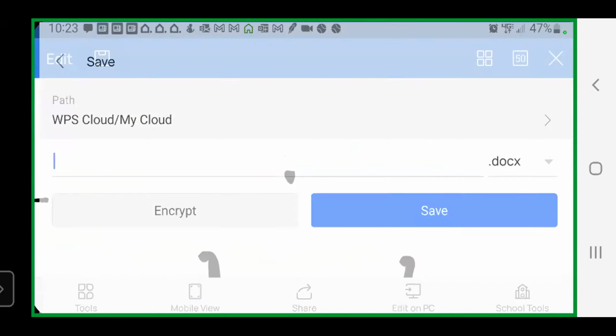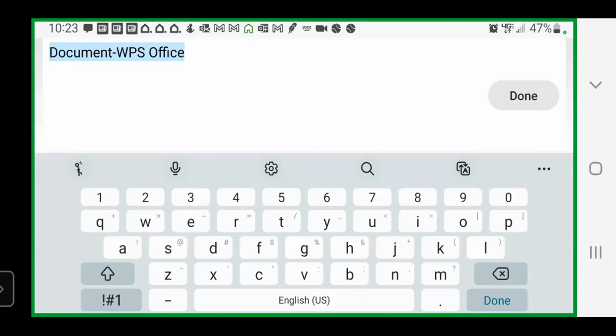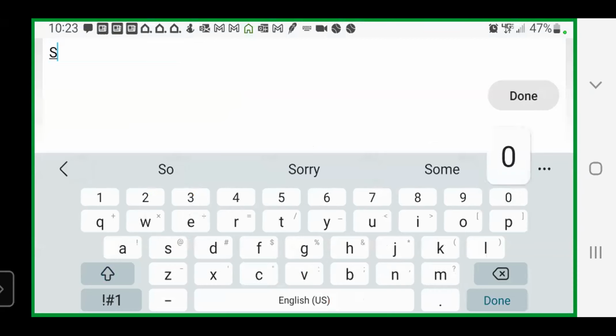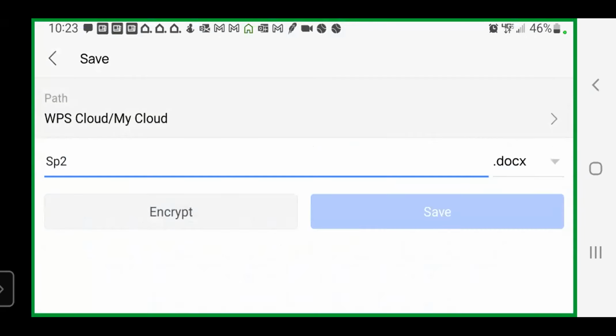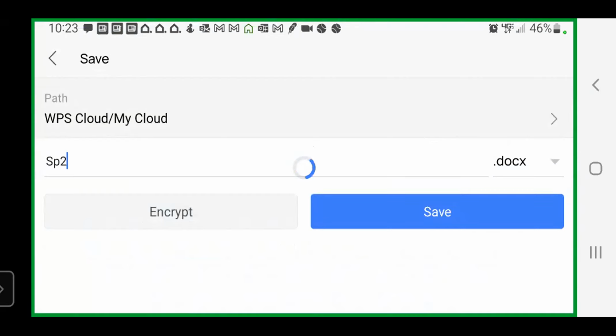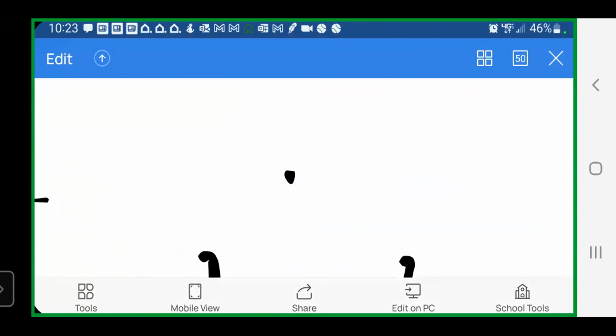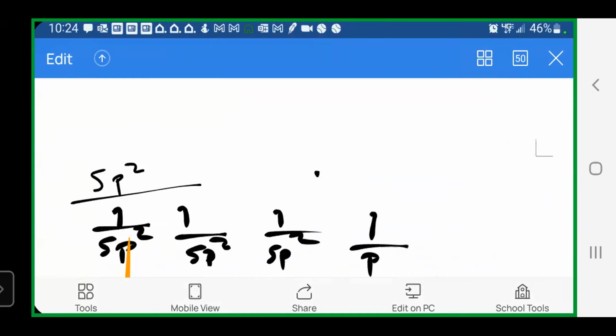Let me save this first, so I'm gonna have to come back to it. I apologize for the crudeness of this presentation, but I didn't realize my iPad battery was almost dead. That's all right. We're still gonna make it work.